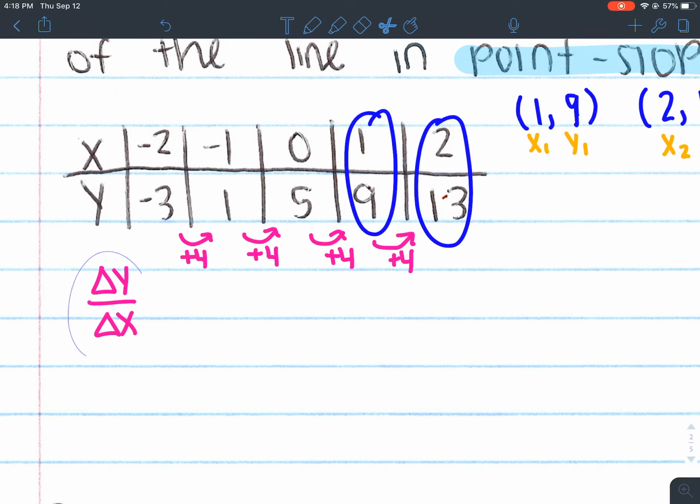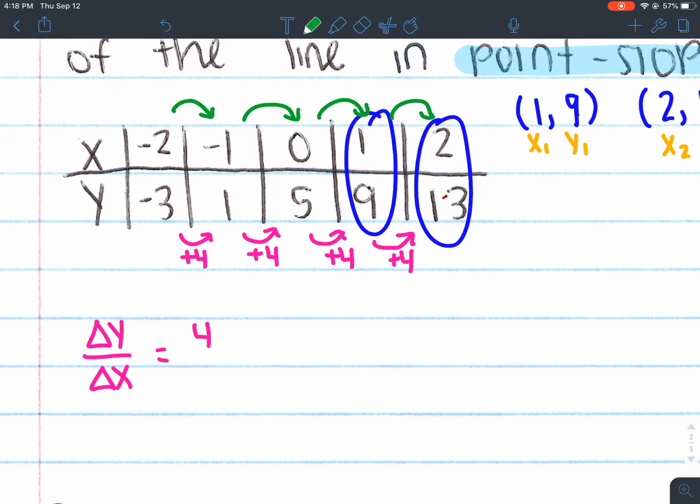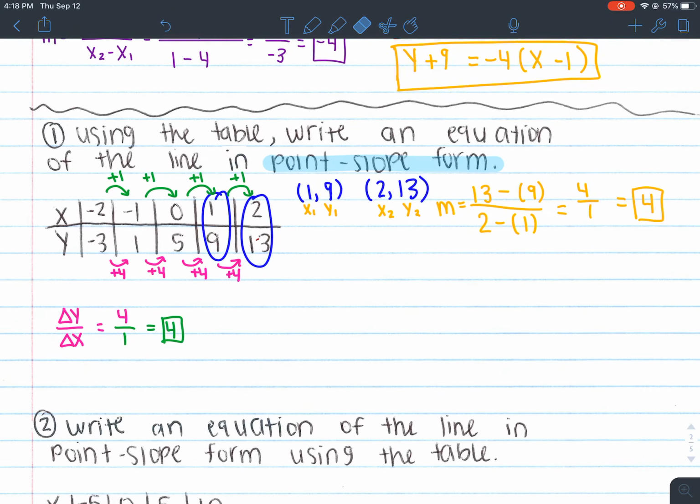So my change of y is 4. And then my change of x is going to be what? How am I getting from number to number? I'm adding 1. So I would have it over 1, which just simplifies to 4. So I could also have a slope of 4. So it doesn't really matter what way you decide to do it.